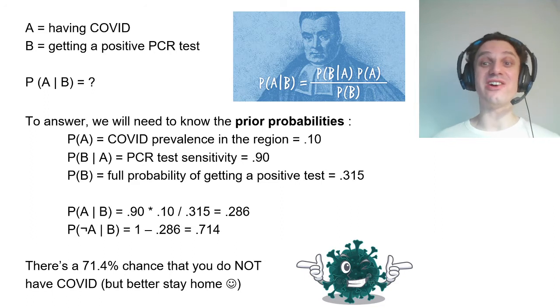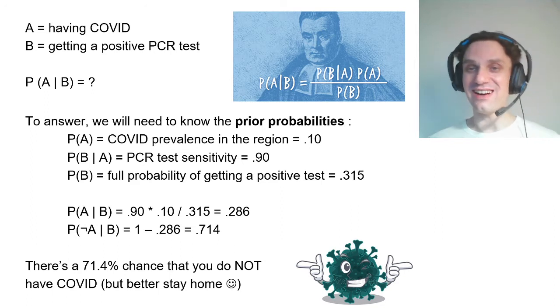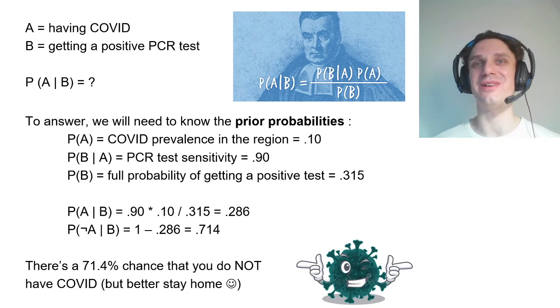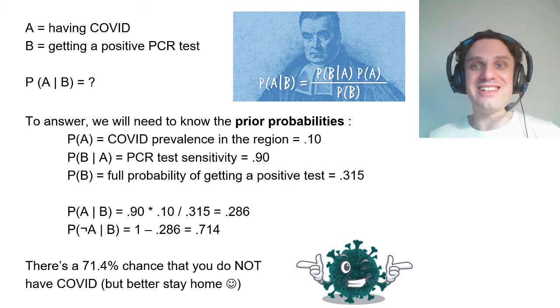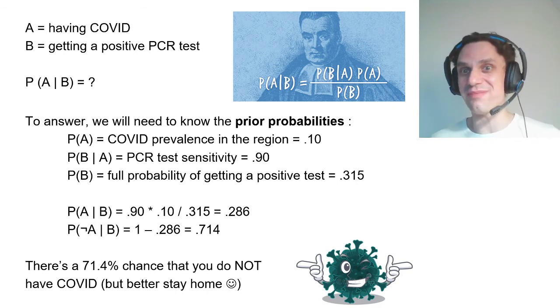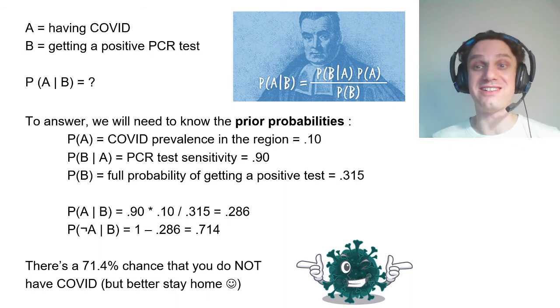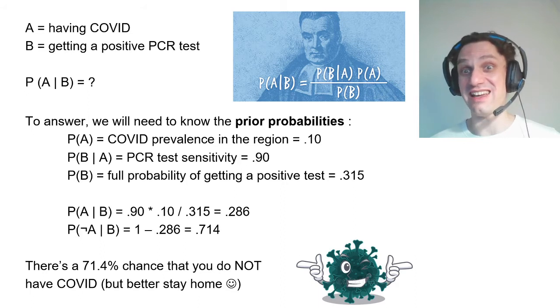The chances that you are not infected with COVID are about 71%, 1 minus 29%. So there is about 71% chance that you don't have COVID in case you've gotten a positive PCR test. However, still better stay at home.